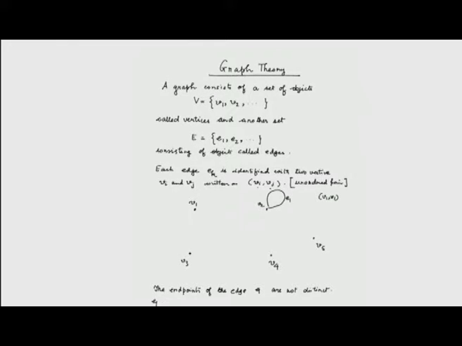E1 will be referred to as a self loop at V2.